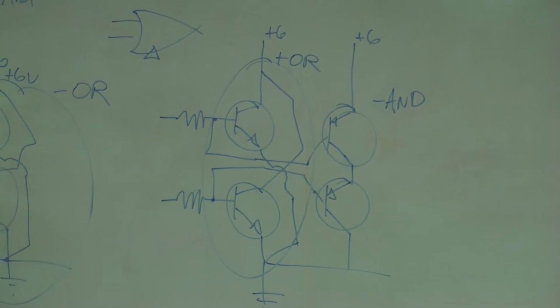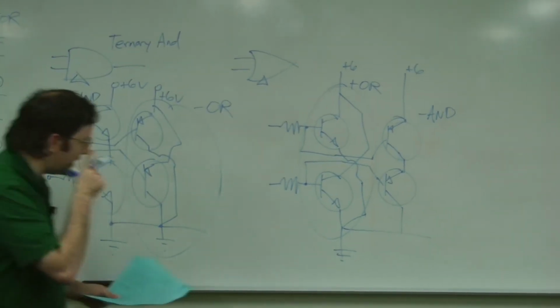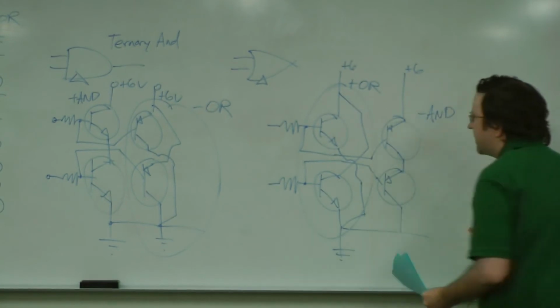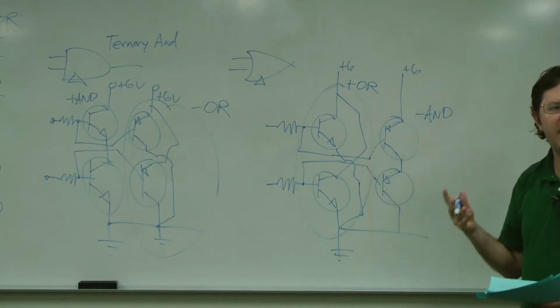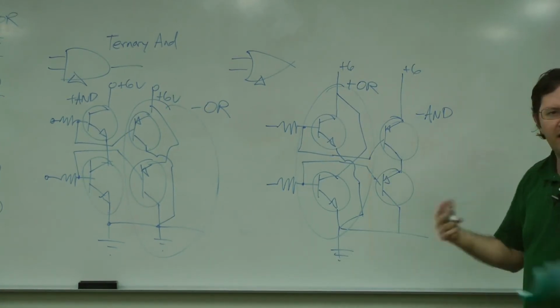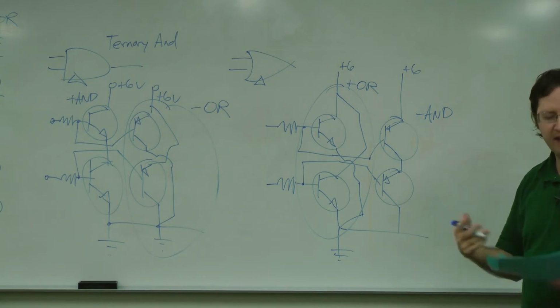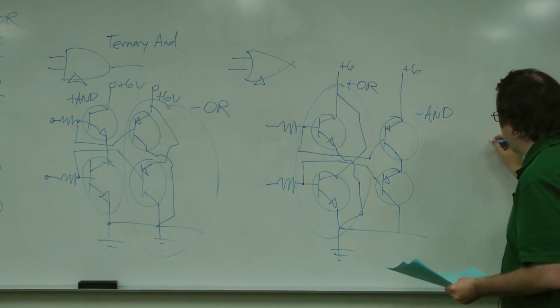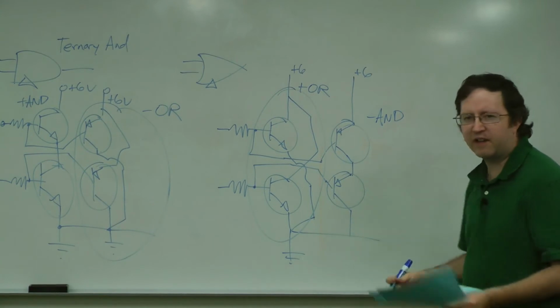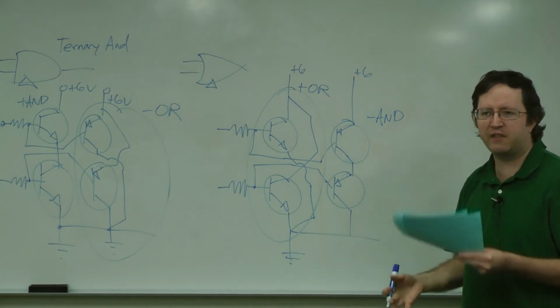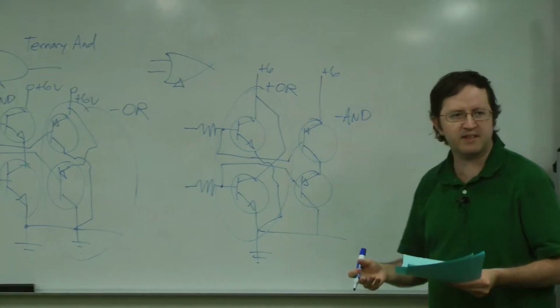And so when I realized that, that basically means that at least at the basic gates that we typically would use for making a computer, positive ternary logic and negative ternary logic are actually complements.